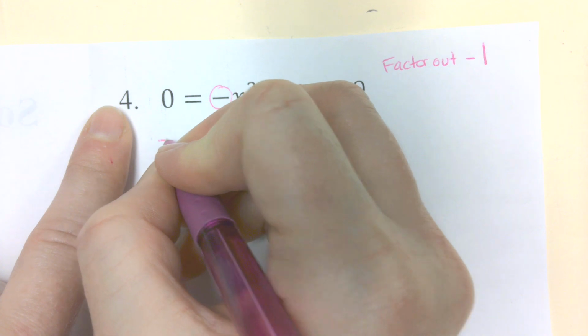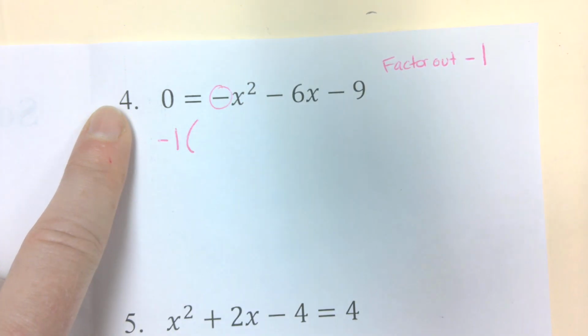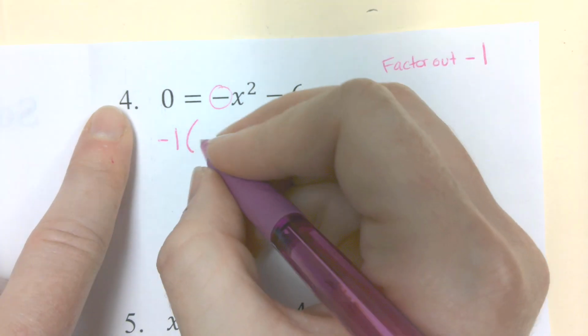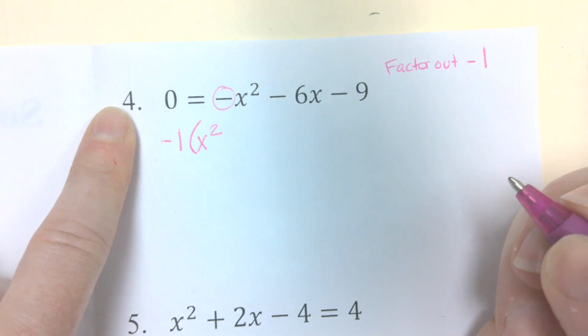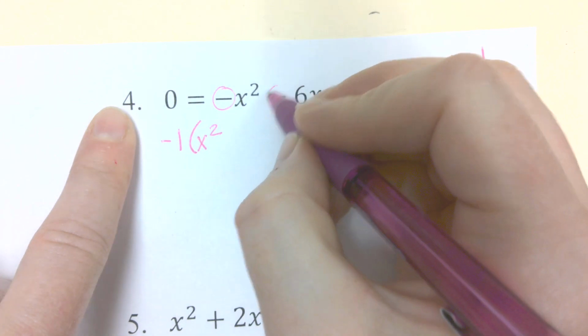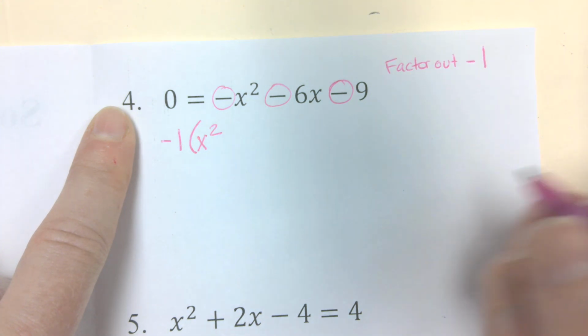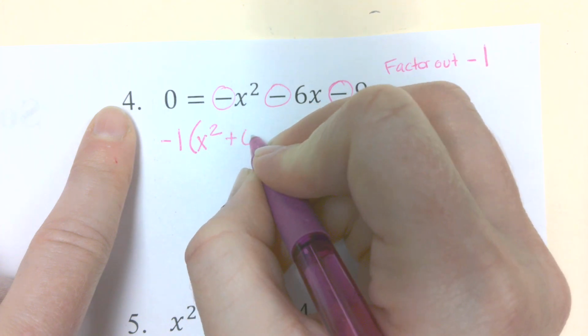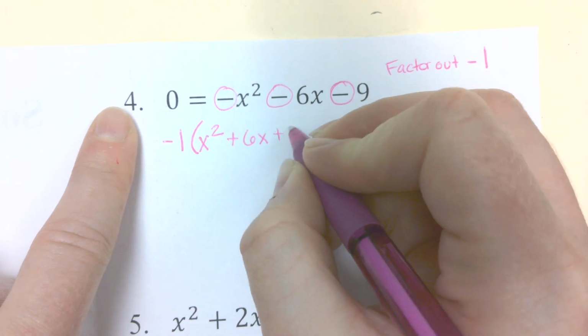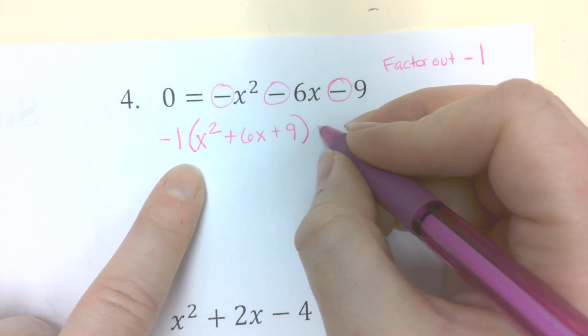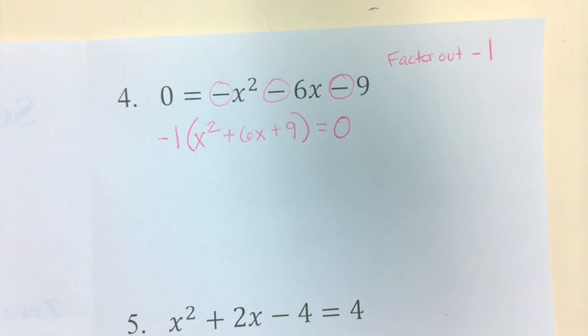So this is going to be -1 parenthesis x squared. It's going to change all of these signs whenever you factor out. If it was positive, it would change it to a negative. But in this one, they're all negatives. So this is going to become plus 6x plus 9. And I'm going to put equals 0 on the other side, because honestly, it doesn't matter which side it says equals a number. So I'm going to leave it like that.